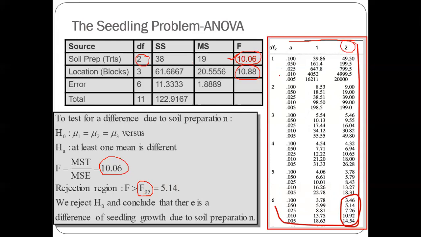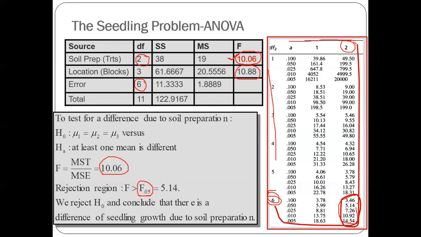And this column refers to the degree of freedom for the denominator. So that means it refers to the degree of freedom of error. So in this question, the degree of freedom of error is 6. So this one. Okay, so 2 and 6, that must be around here.